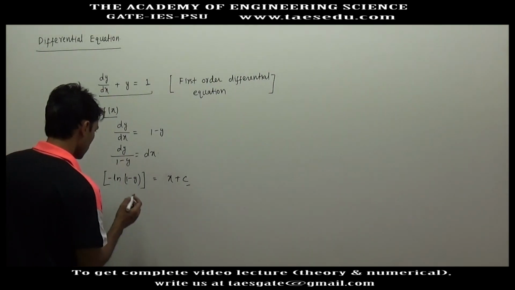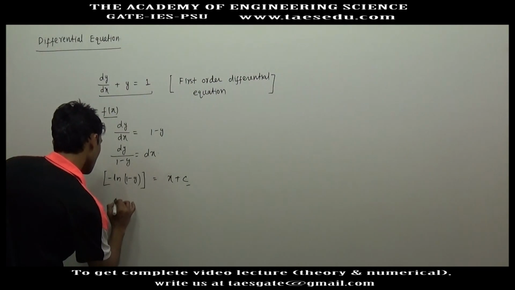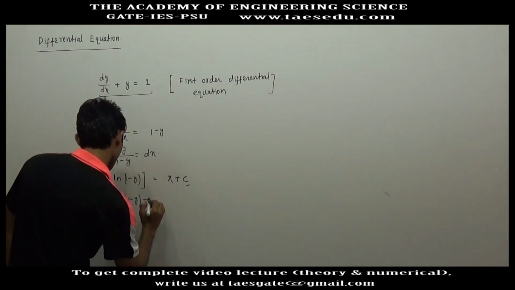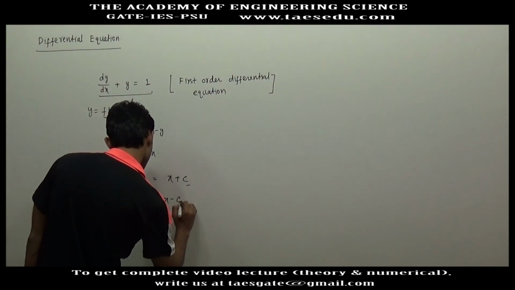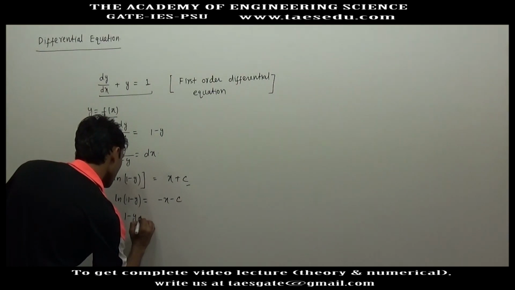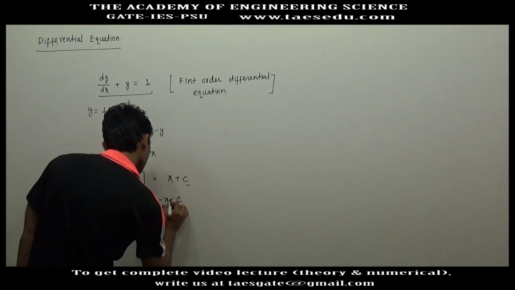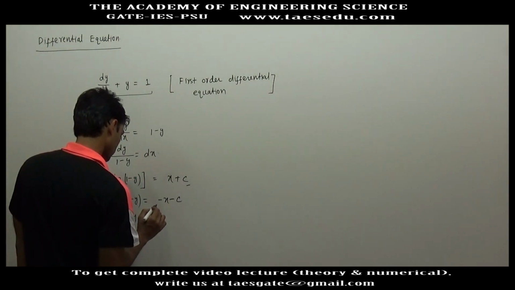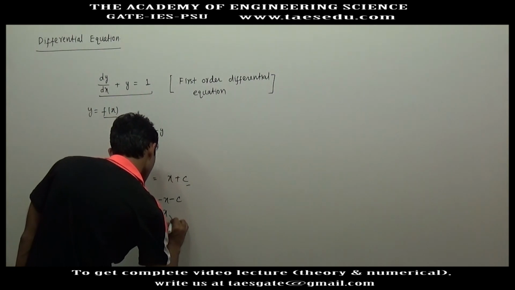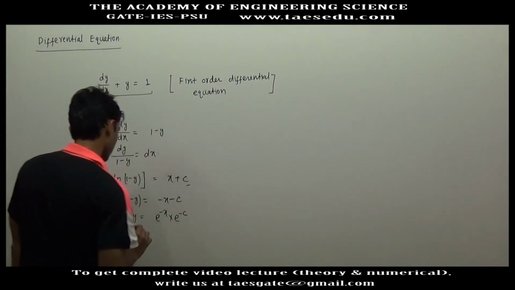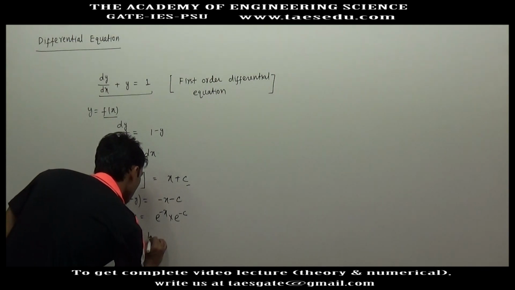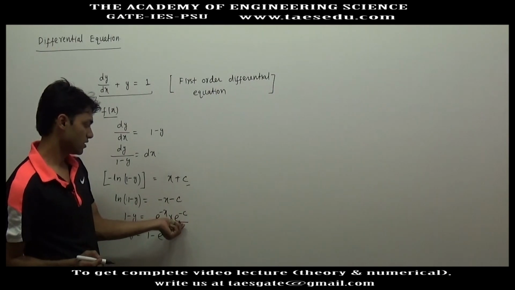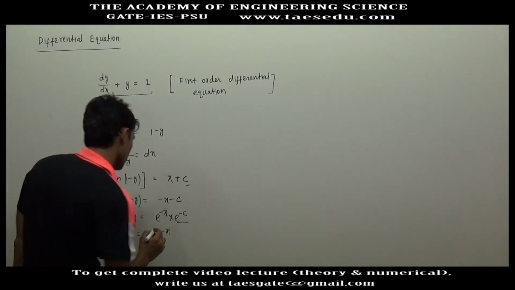If we further solve it, what we will have, ln(1 minus y) equal to minus x minus c. So 1 minus y will be equal to e to the power minus x into e to the power minus c, or y will be equal to 1 minus e to the power minus x times e to the power minus c, and e to the power minus c is a constant, so it will be another constant.